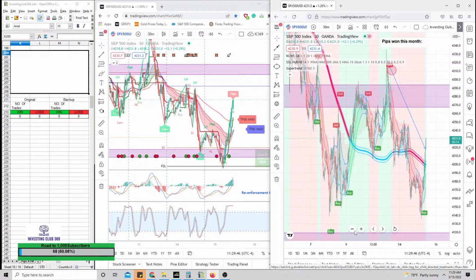I changed both of them to black. All right. I'm not going to enter. I'm going to wait.